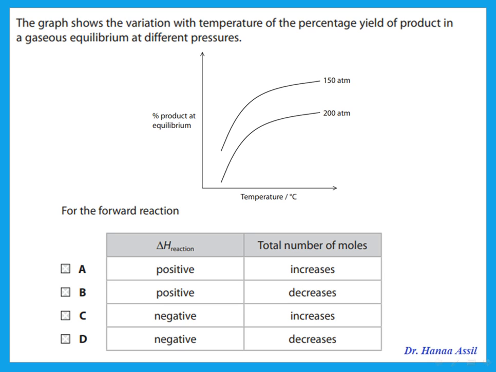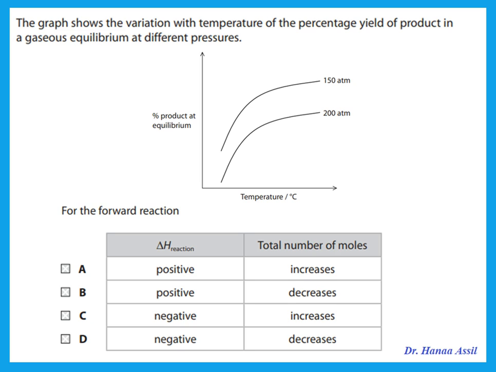Well, let us see. If we increase the temperature, do we get more product or less product? As we increase the temperature going to the right in the graph, the product is increasing. That means increasing the temperature goes forward. We said increasing the temperature goes endo. So the forward is endo, so the delta H is positive.